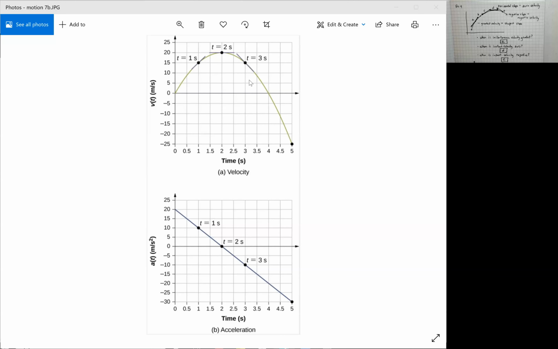If we go down to the acceleration chart, we will see that they mark the same times and that we have a positive acceleration for that first time. It's a straight line, so it's constantly changing acceleration. But where we had that horizontal tangent line, that is where acceleration is zero.